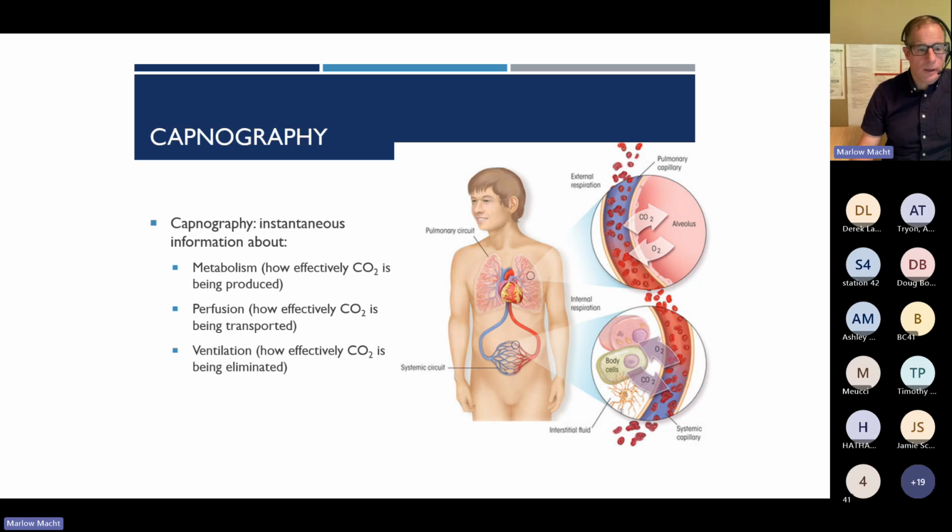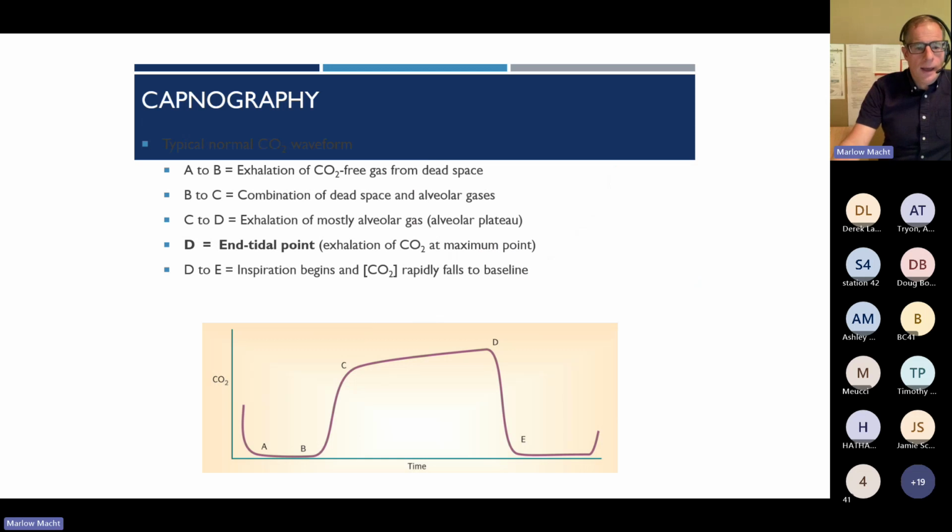So, for example, a patient with DKA who has rapid breathing will typically have a very low end-tidal CO2 because they've been blowing off CO2 for some time. This is a normal capnograph. Remember that the value that your monitor gives you is point D here, your end-tidal CO2.